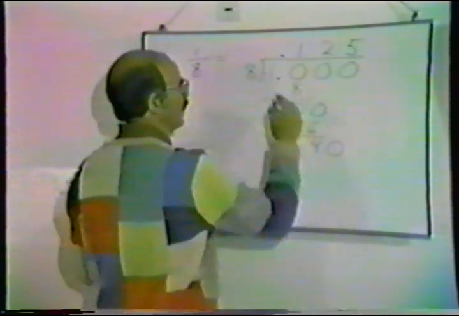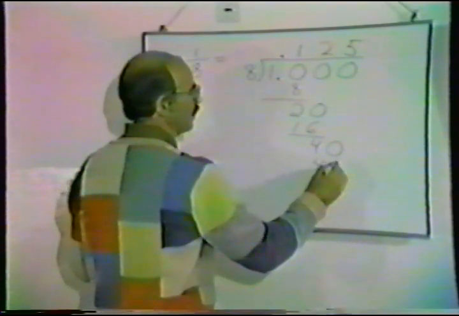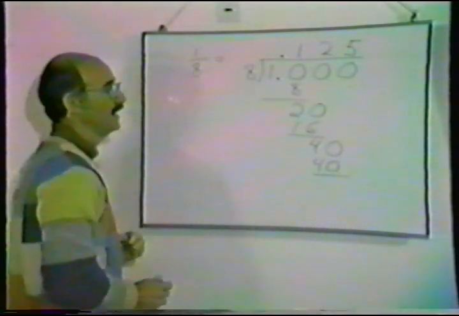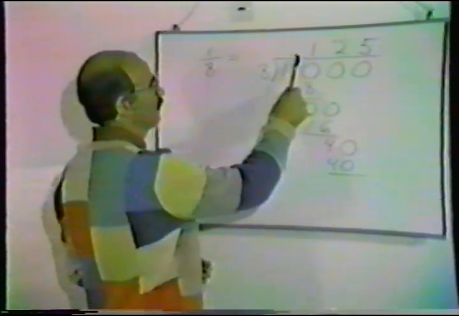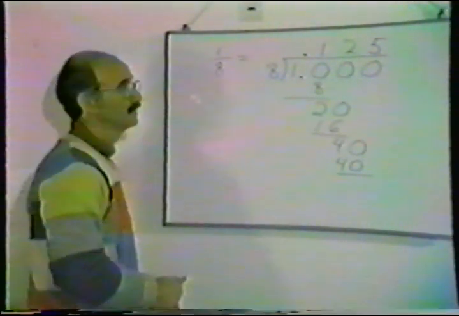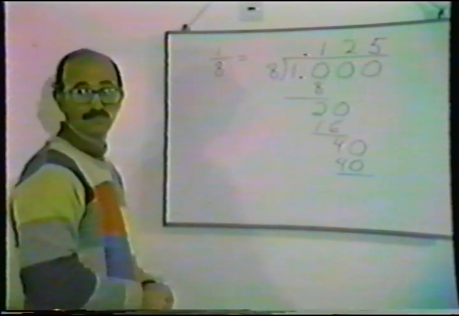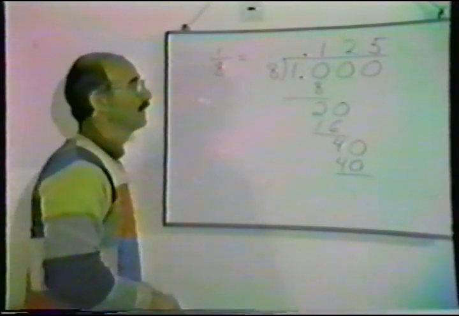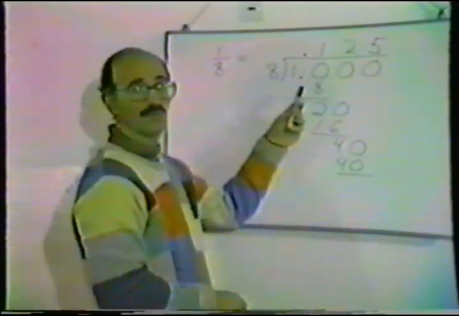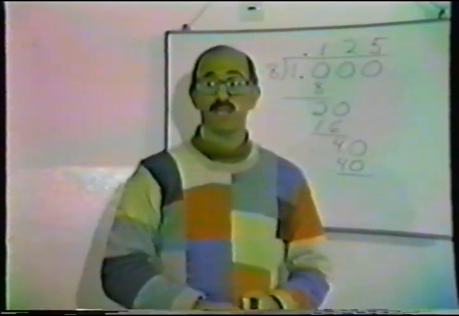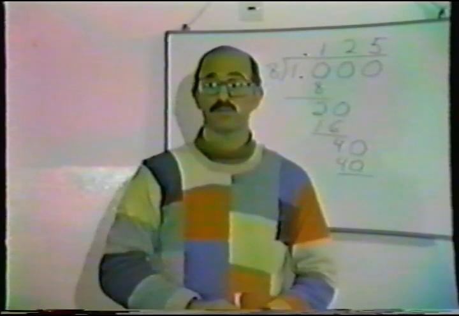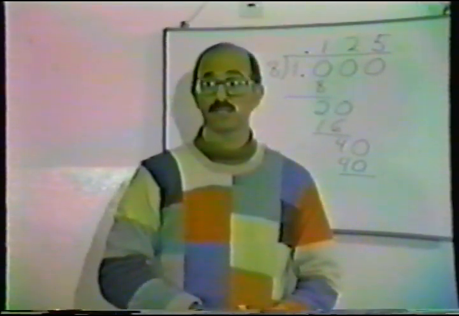And 5 times 8 is exactly 40. It has finally come out even, and we have our decimal. Read it. 125 thousandths. You shouldn't do the work of this division unless the answer to the other 3 questions is no.